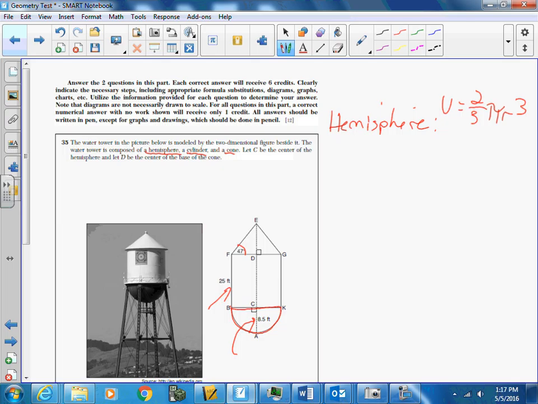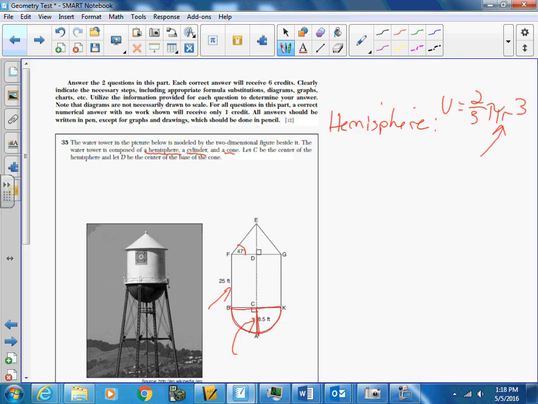Now, do we have everything that we need? Well, we know that if we have a sphere, or half of a sphere, this length here that I'm about to outline is 8.5. We need to have the radius. The only variables in this equation are volume and radius. But if we have the radius, we can find the volume.